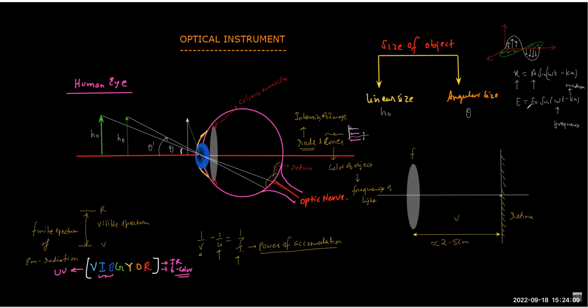The electric field is E naught, the amplitude of oscillation, which is the highest value E can have. Similarly, x can be replaced by B, the magnetic field intensity or magnetic field induction. And these are basically progressive waves, which propagate.